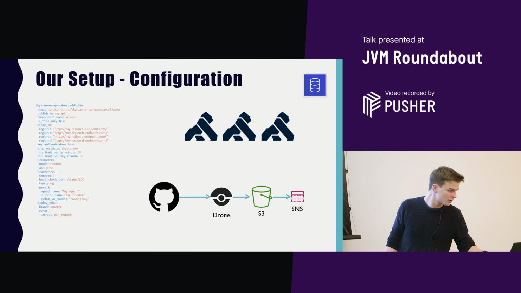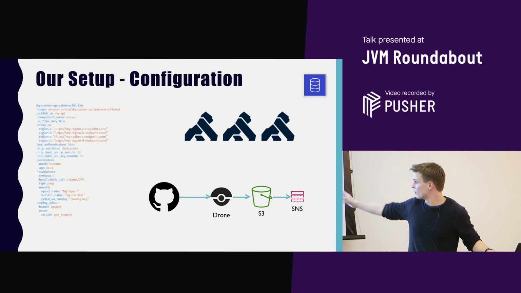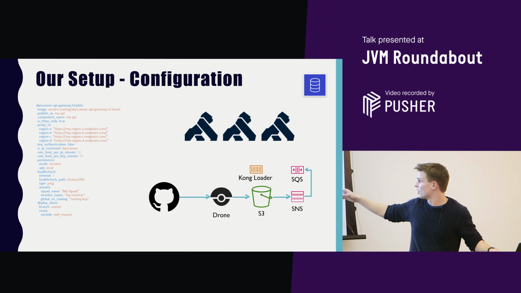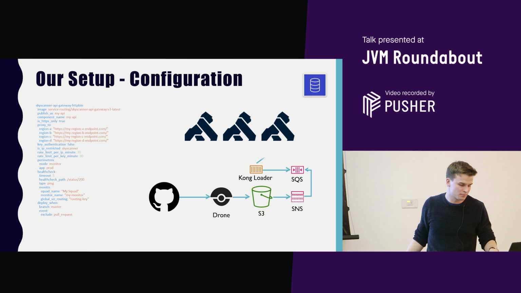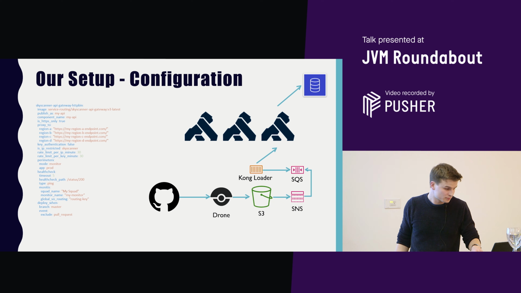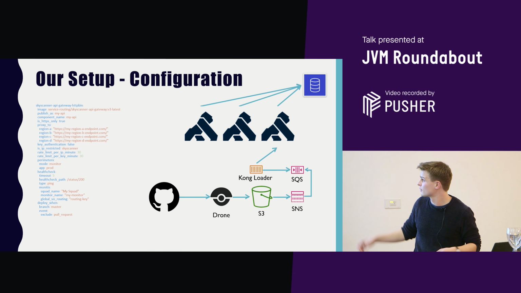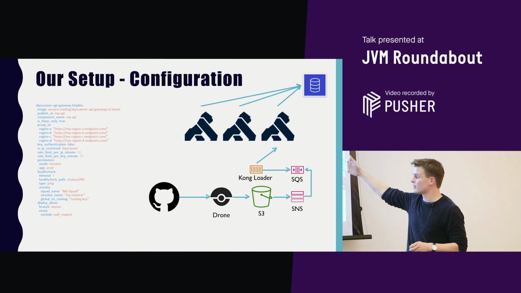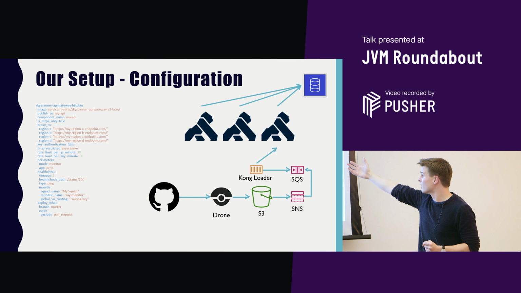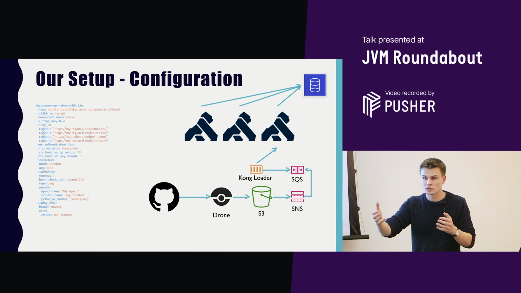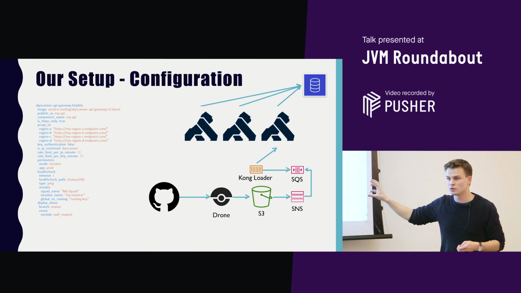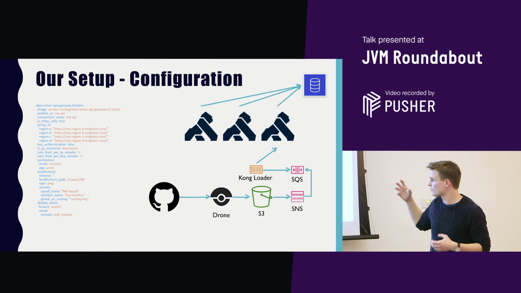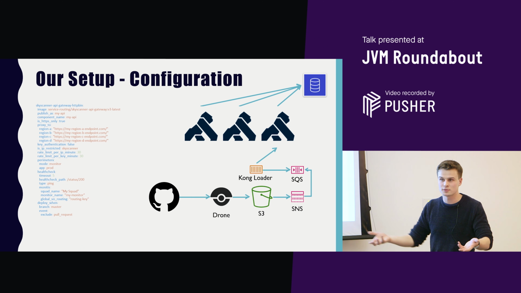And what we do is trigger notifications on that, and we have this service called Kong Loader that consumes off a queue to update that. And Kong Loader then talks to the API. Now that means that whenever we're deploying a new stack, all our configuration is here. So we're able to completely recreate that from scratch if we need to.